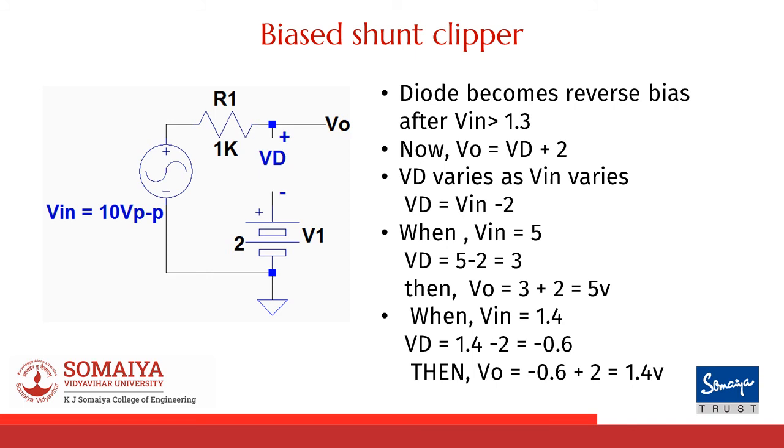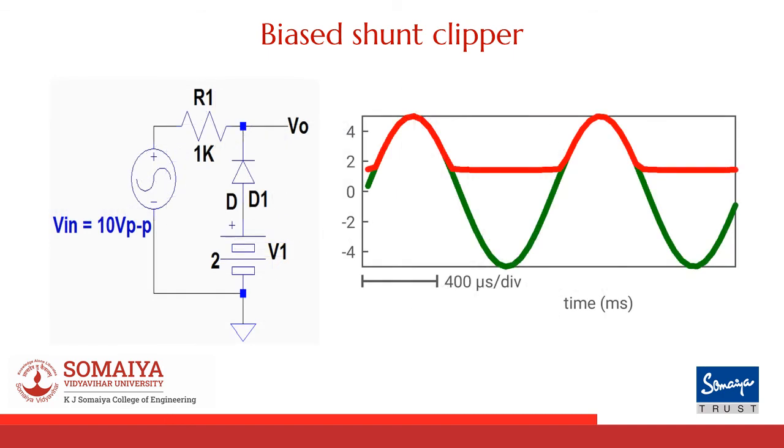Now let's take an example. When Vin is equal to 5 volts, Vd will be equal to 5 minus the battery voltage of 2 volts, which is equal to 3 volts. Therefore, VO would be equal to the voltage drop across the diode, which is 3 volts, plus 2 volts of the battery, so 5 volts. So as discussed, the output varies from 1.3 volts to 5 volts.